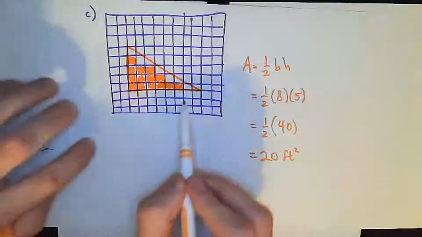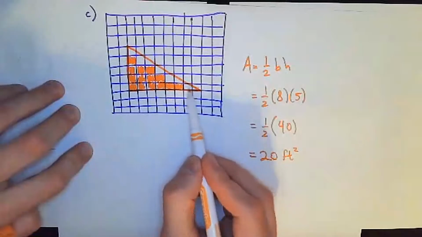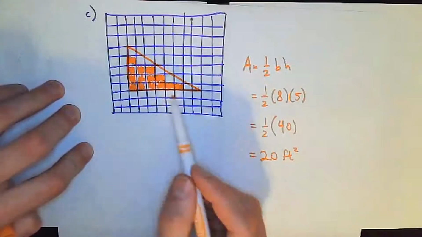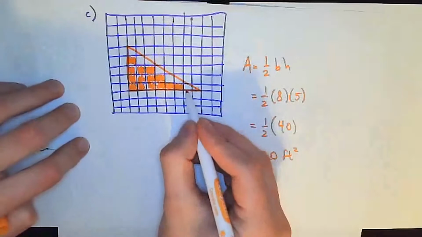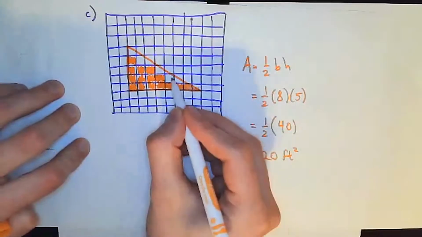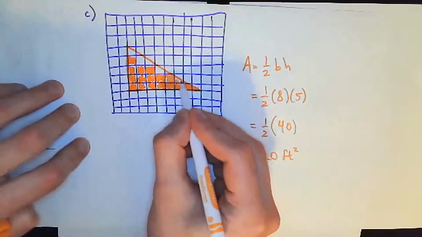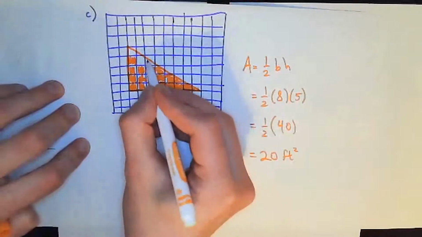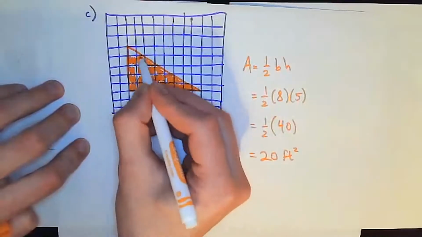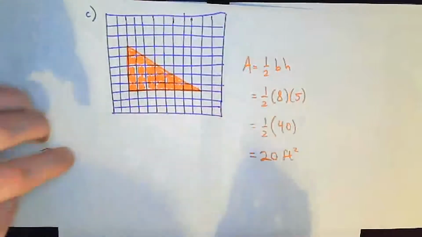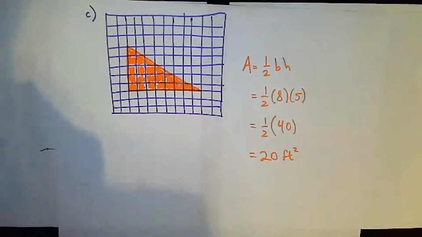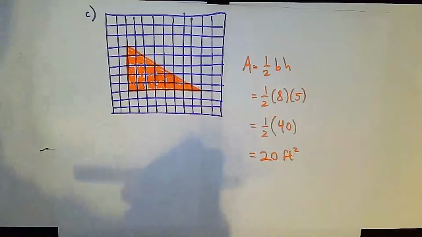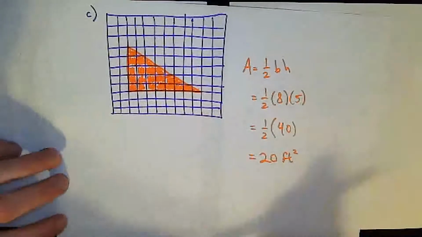And now these are like pieces, right? Somehow between the rest of these little pieces, we end up with a total of 20. It's not quite as easy to see when the shape is not a rectangle or a square. That's why we tend to just rely on the formulas.